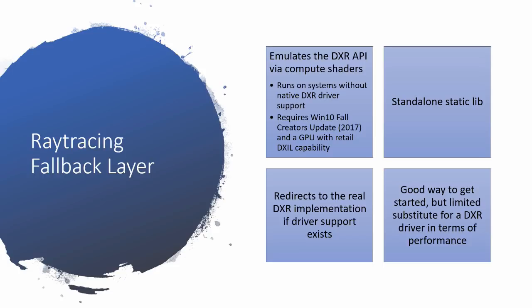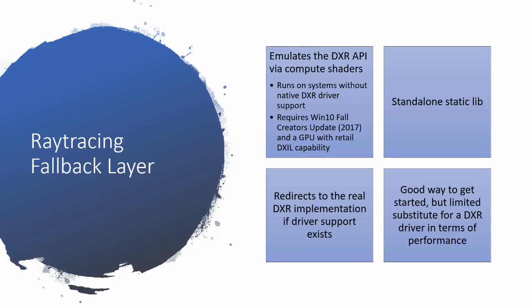Because it's just a compute shader, and I say just, it's a very, very complicated compute shader, it will run on existing GPUs that don't have a new driver or don't have dedicated ray tracing hardware support. It does need a somewhat recent version of Windows 10. The fall 2017 update is sufficient to support this. And it does need a GPU that supports retail DXIL shader model, that's shader model 6.